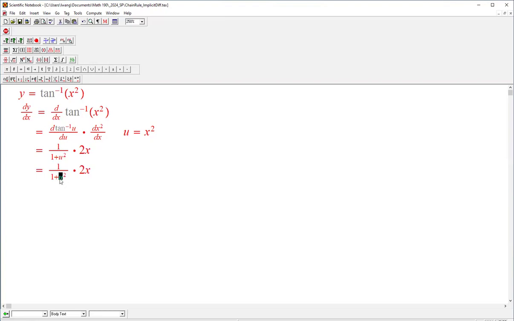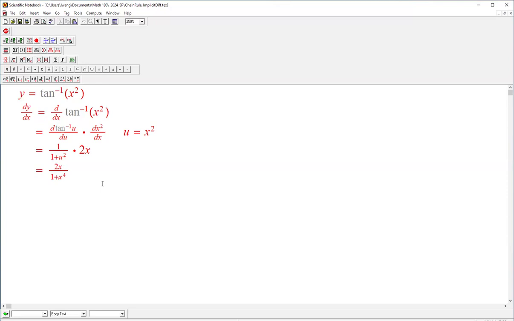So we're going to have x squared and then squared. So u squared becomes x squared and then squared. And of course, that's going to be x raised to the power of 4. And put 2x on the top. And we're finished.